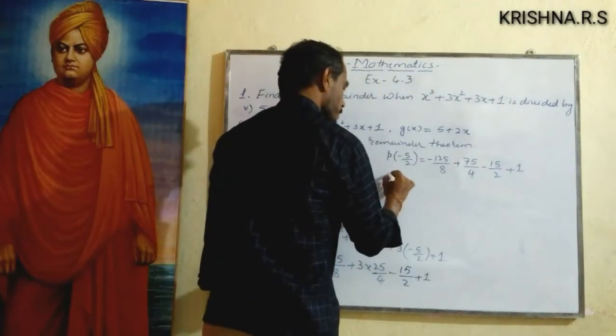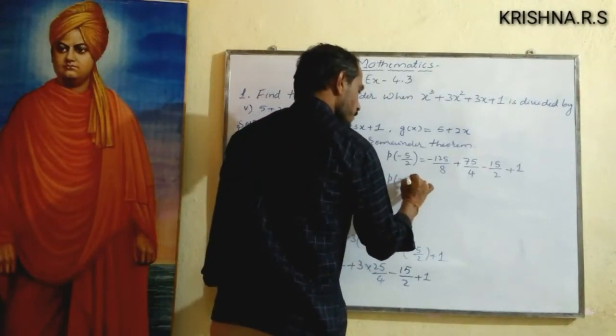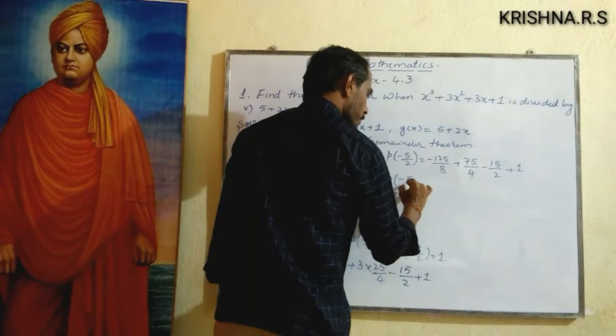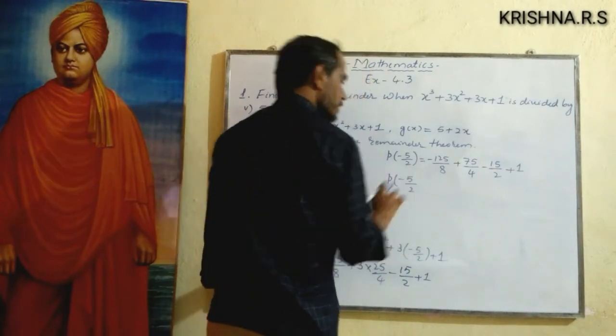Now simplify. p of minus 5 by 2 is equal to, what is it? LCM.